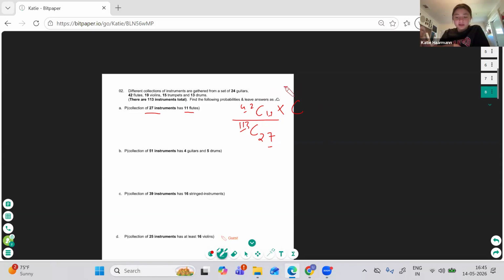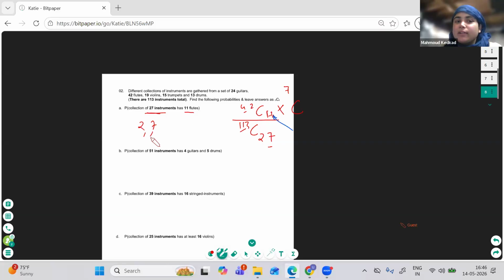Wouldn't you just subtract the 11? You've already selected 11 from 42, but you still need more. From 27, you've only selected 11, so you need 27 minus 11, so that's 16 more. So 16 from 71, and the 71 is 113 minus 42.